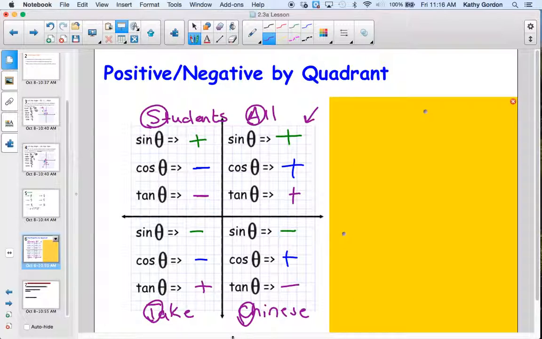Everything else is negative. Now, generally we talk about just these three, but then obviously the reciprocals act the same way. So if I know sine is positive, then cosecant will be positive. If I know cosine is negative, then secant will be negative. Okay? So that's really helpful then.